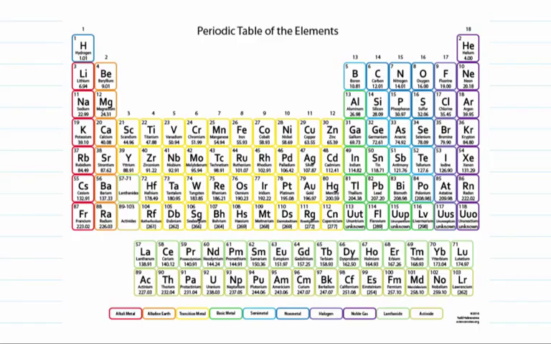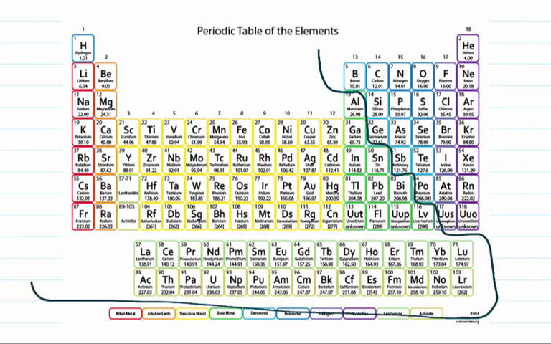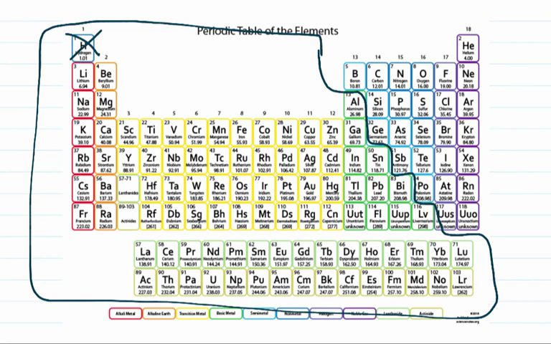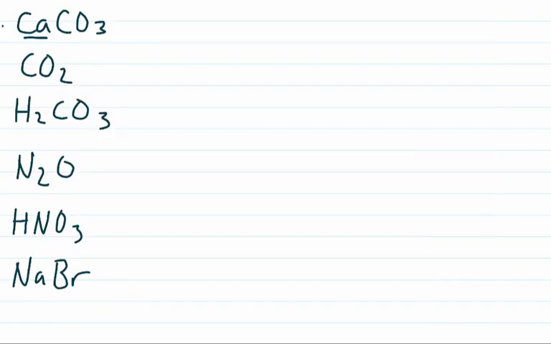Remember, if you look at your periodic table, the metals are anything here. Anything on this left bottom side of the table is a metal, excluding hydrogen. So we look for calcium. Here it is, definitely within that circle, so that makes it a metal. Since calcium is a metal, that means that this is ionic.